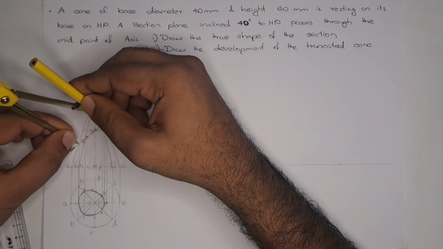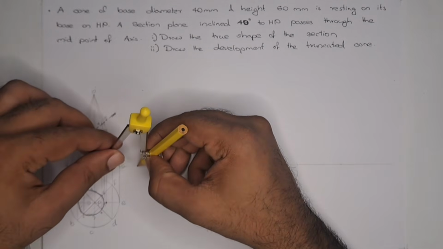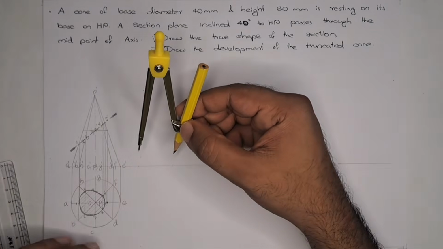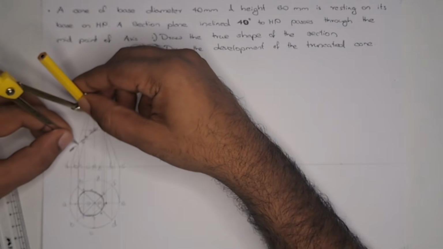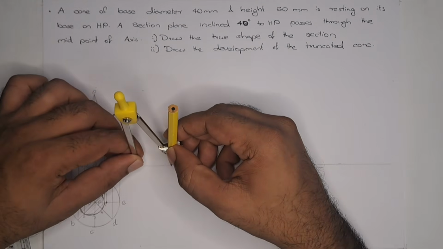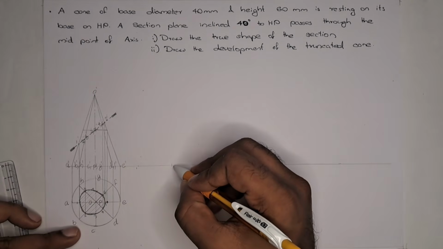We first take the distance 1 to 5 and mark it here. So this is 1 and this is 5.